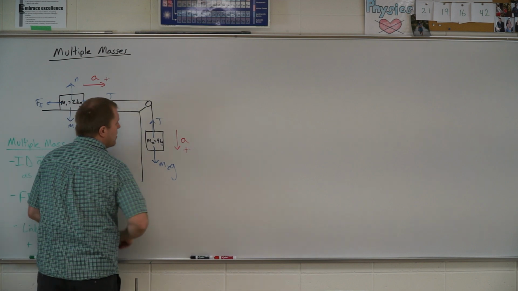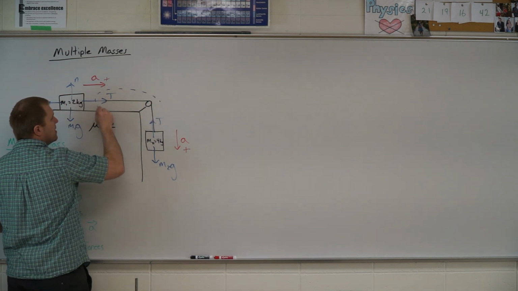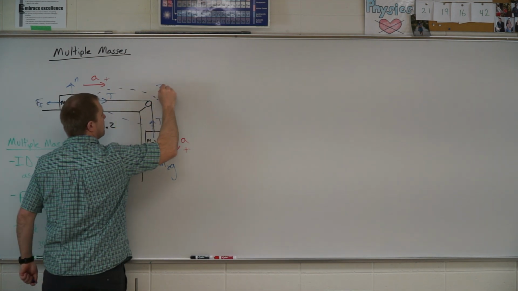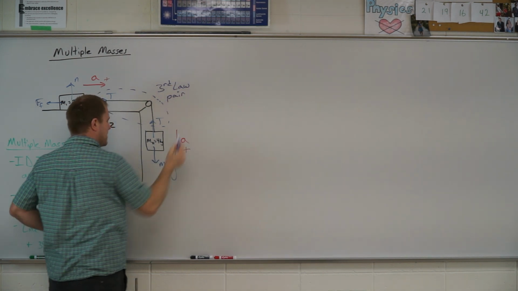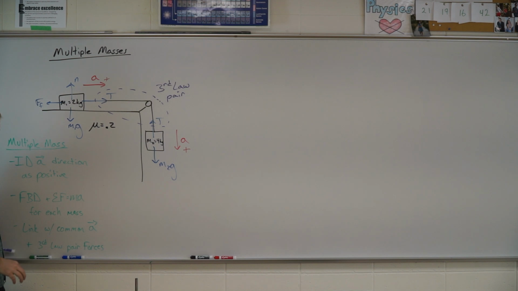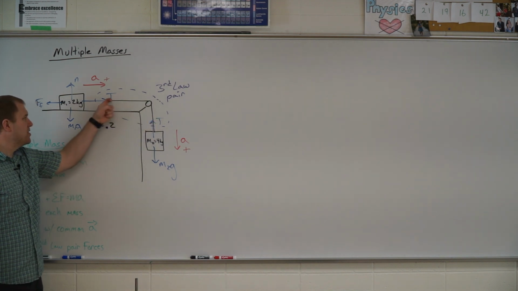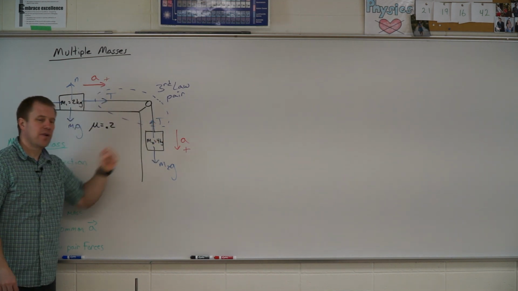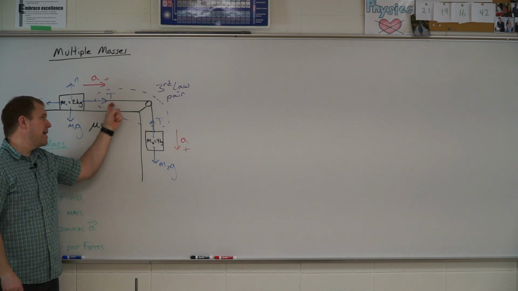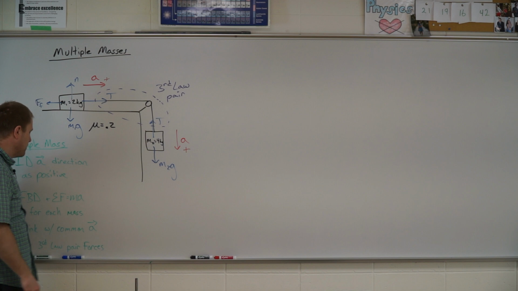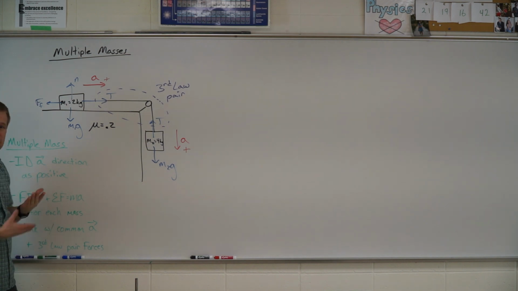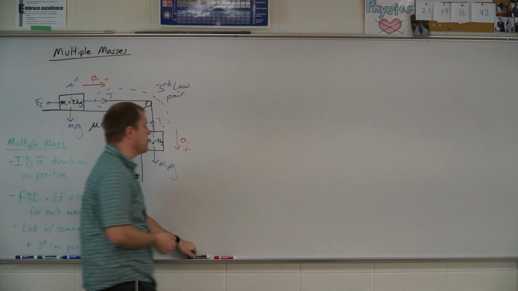These two tensions are your third law pair, the two forces that connect our multiple mass situation. I need these two tensions to have the same magnitude and opposite directions, and the two accelerations to be the same. So let's generate our equations and see how that looks.